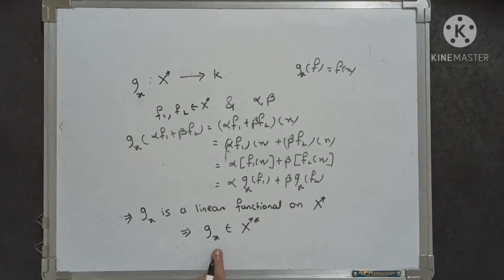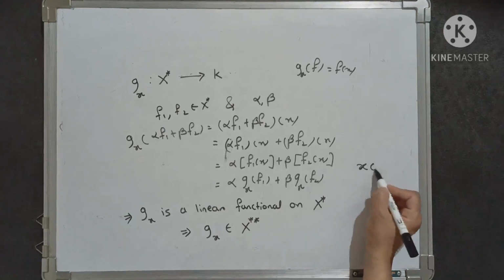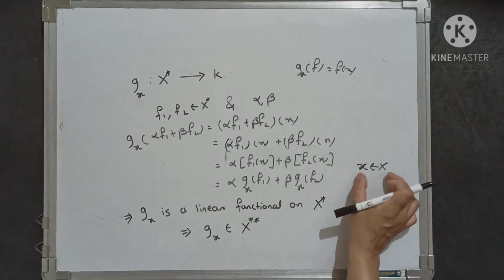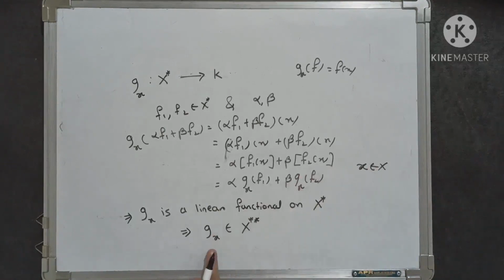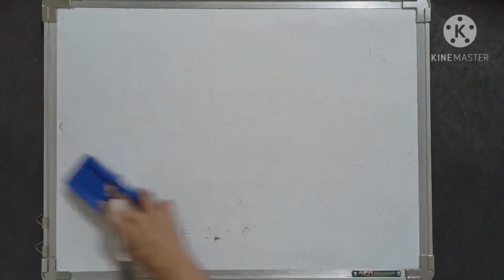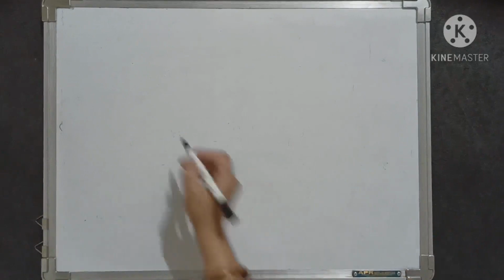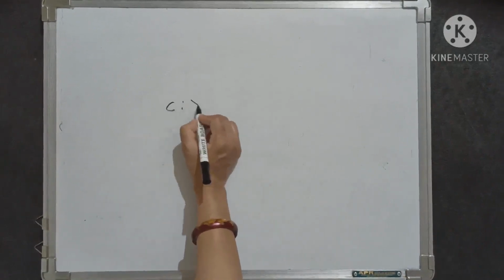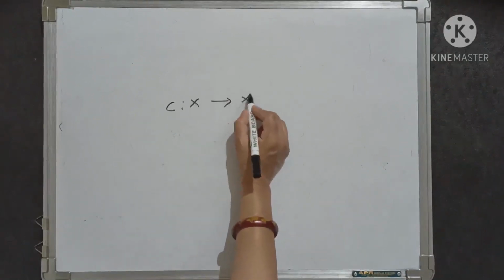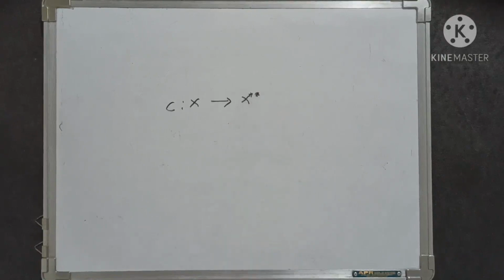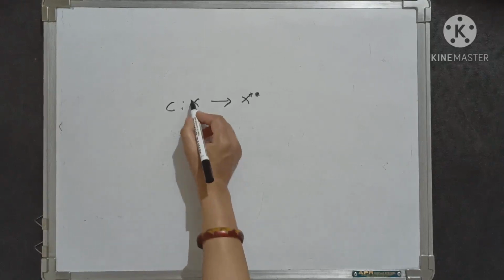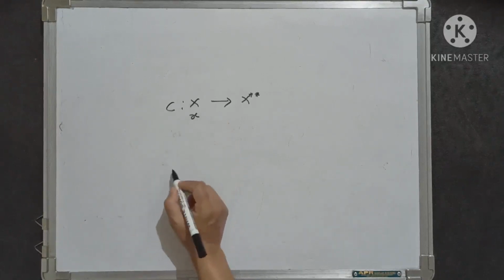And therefore in this way we start with any element small x belonging to capital X, and corresponding to this element we get an element of X double star. By using this, we get the mapping C, which is from X to X double star, that is, the second algebraic dual space of X. Defining like this: we start with the element small x.